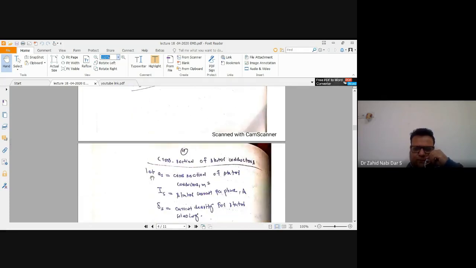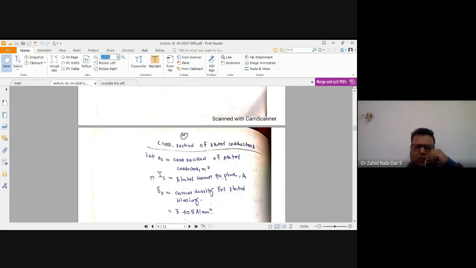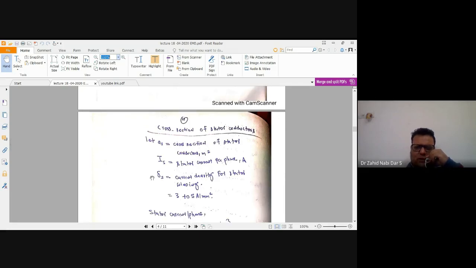Now one more important and significant factor was how to identify the cross section of the stator conductors. As usual, for the cross section of the stator conductors, as in transformers also, we take the current density. Current density is equal to current divided by area.